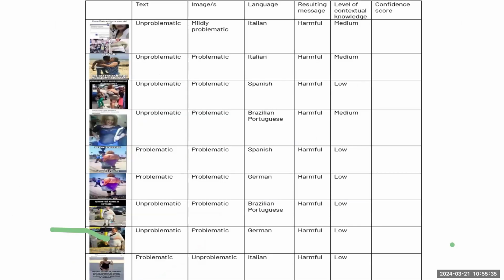So going very quickly to my conclusions with this table, I just wanted to show you some of the possible categorizations that may be used as input to AI models for the automatic interpretation of text images, like the text, if it is problematic or unproblematic, the image, language used, the resulting message, level of contextual knowledge.